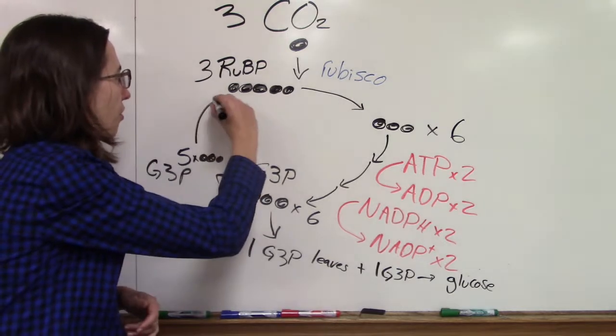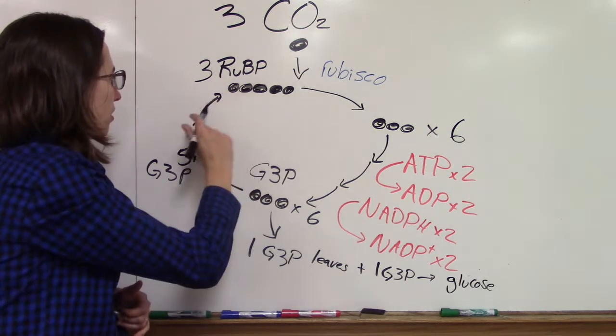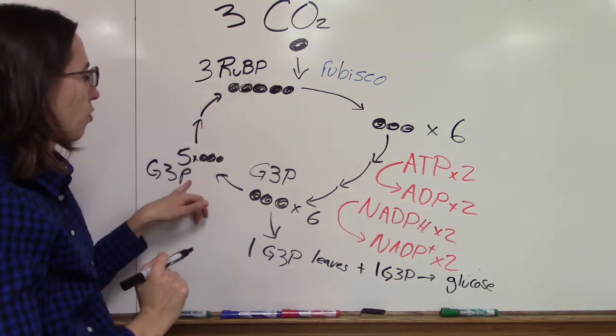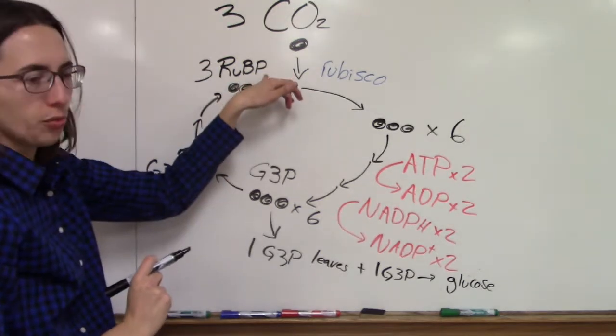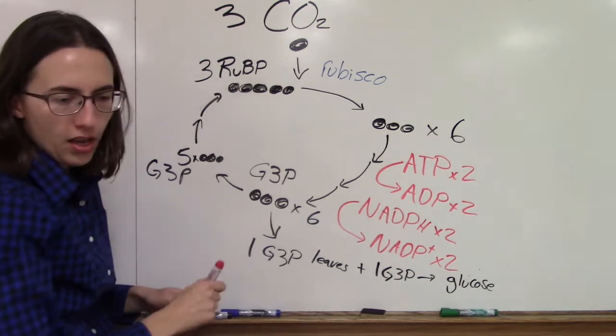So through a series of steps, we're going to transform the G3Ps back into RUBP. And this stage actually also requires an input of energy.